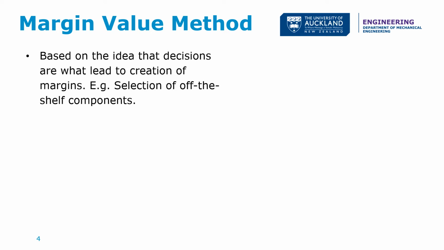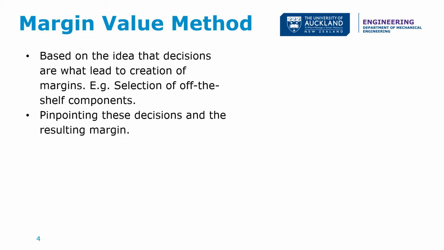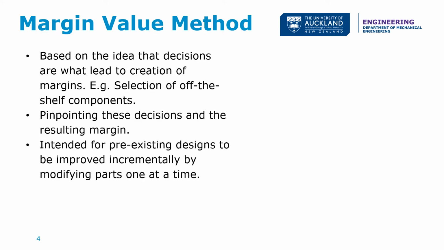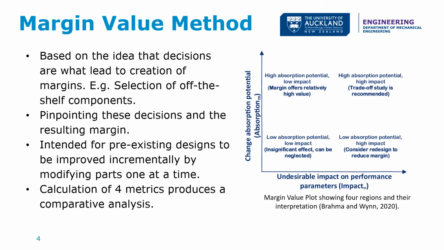The method is intended for an existing design where all the decisions have already been made and all the parameters and their values are known. In the approach, we calculate 4 metrics, results of which can be plotted on a graph. The vertical axis shows how much of the margin can be absorbed, and the horizontal axis shows how much the margin degrades or deteriorates the performance.